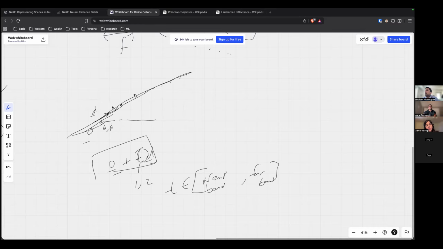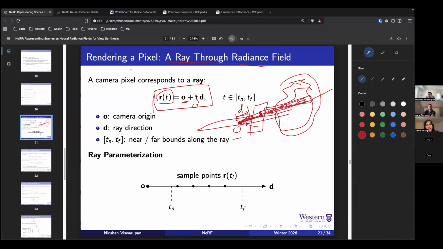Also, we just take a slice in the space, this is the tn, this is the tf. These are the boundaries, and we are interested in points between these, and we can ignore points here and here. Is the D a unit vector or does it vary? D is a unit vector. It's a ray direction.